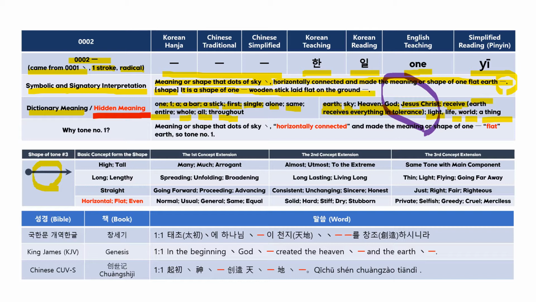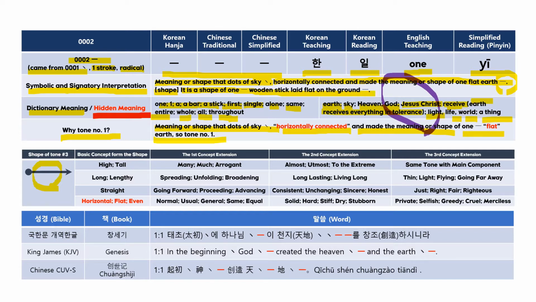And the next issue for Chinese characters learners: why should this 1E have the tone number 1 value? It's because its meaning was shaped at dots of sky horizontally connected and made the meaning or shape of one flat earth.